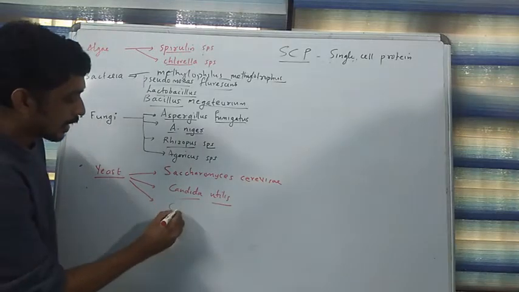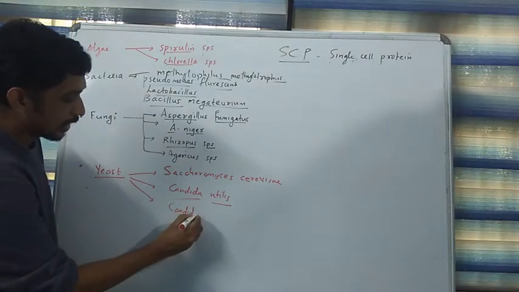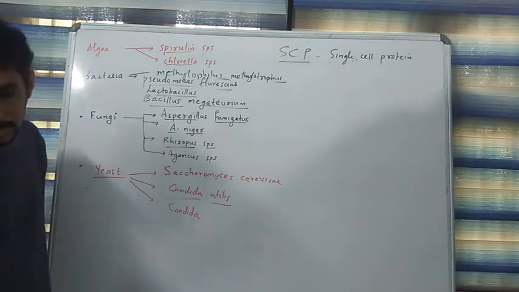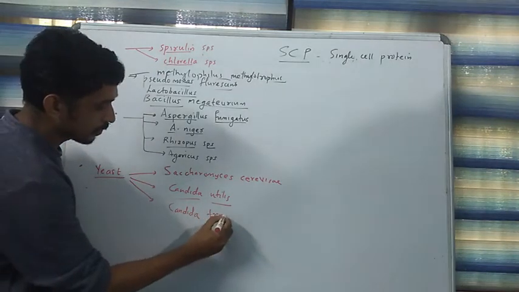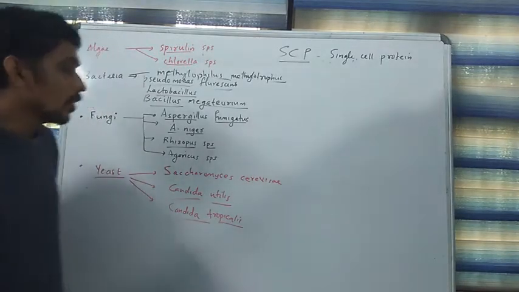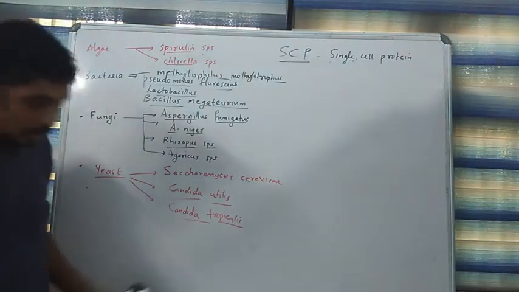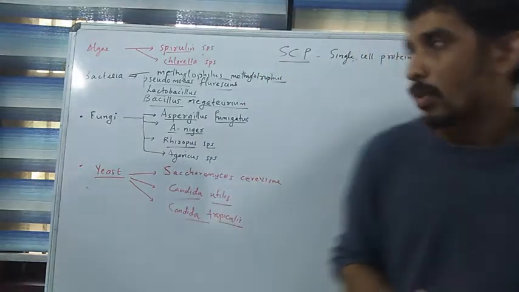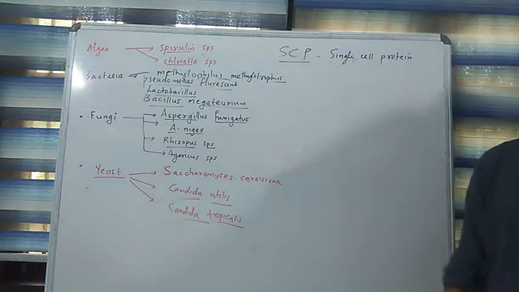Like that, we can see another species of Candida, that is Candida tropicalis. These are a few examples of single cell protein.